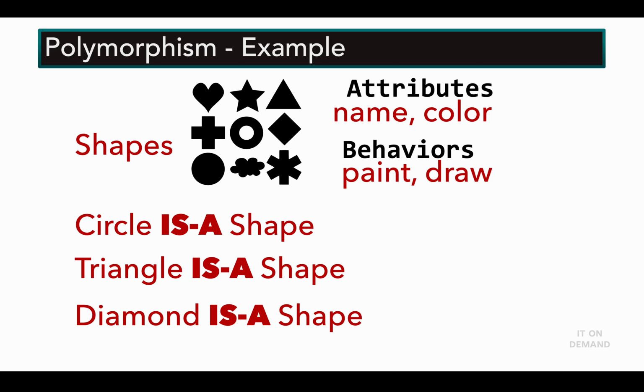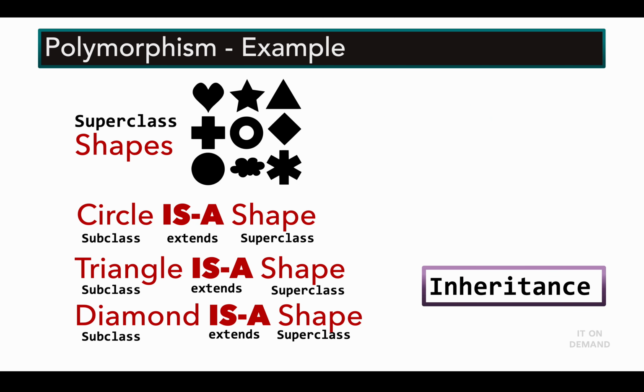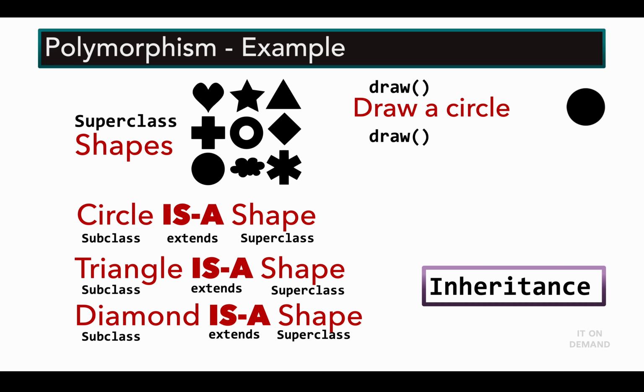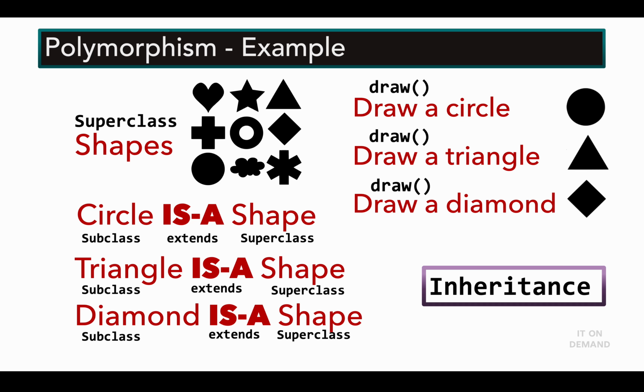What that means is that, back to where we say subclass extends superclass, we can now call draw on circle and have a circle drawn for us. We call draw on triangle, and we have a triangle drawn for us, and we call draw on diamond, and a diamond gets drawn for us. This here is the concept of polymorphism.